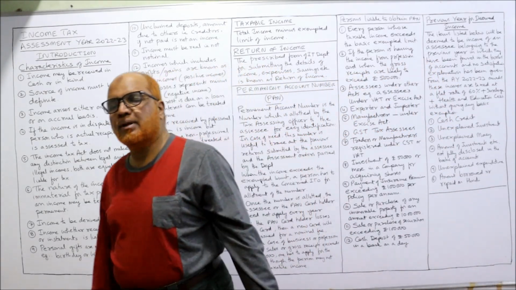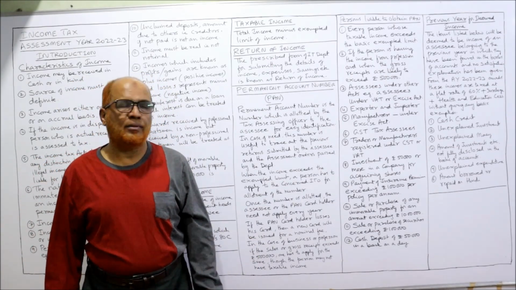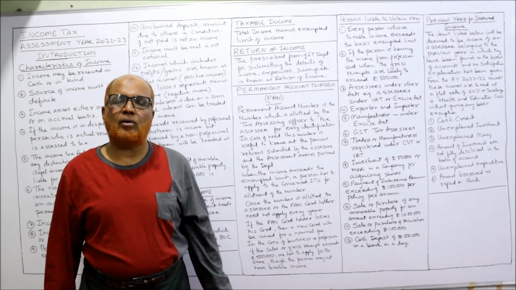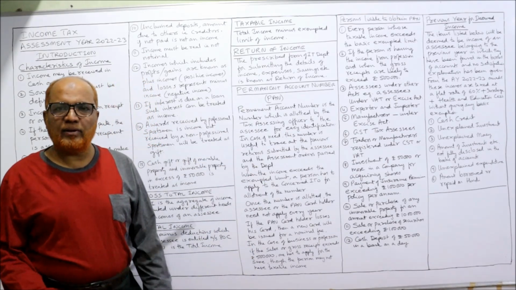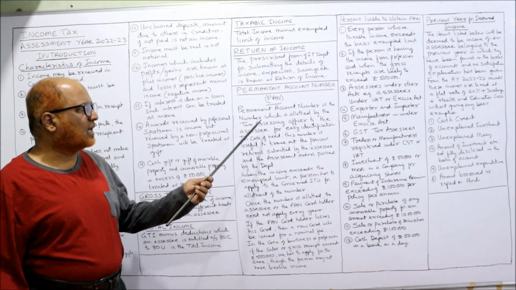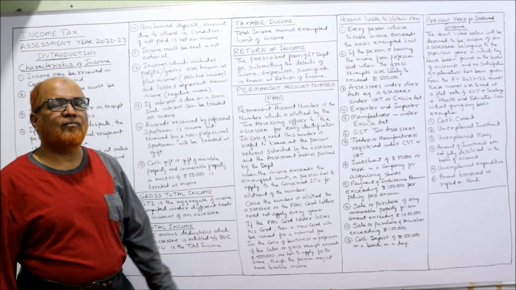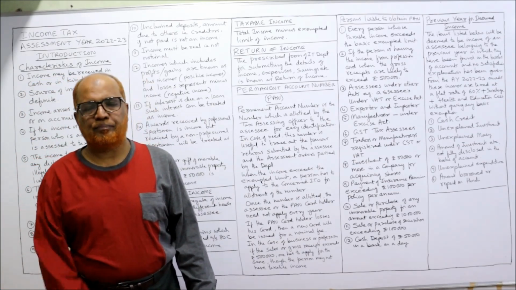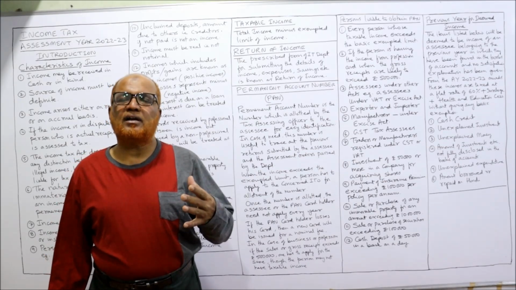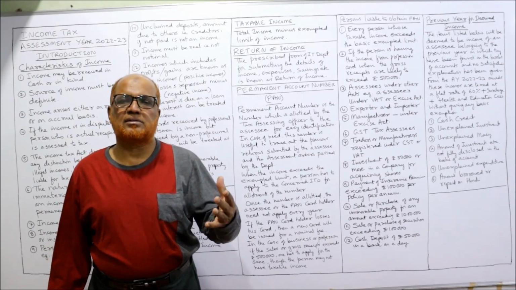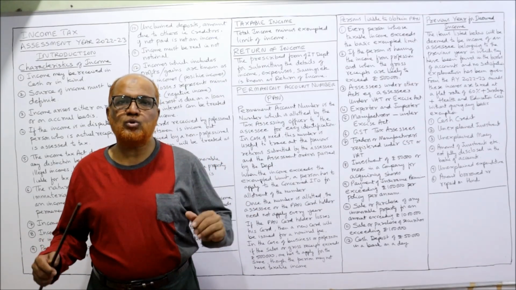Very frequently in examinations, they will ask the theory question: what is a permanent account number, PAN, and who has to apply for PAN? Now I am going to explain. Permanent account number is the number allotted by the tax assessing officer to the assessee for easy identification. It will be difficult for the Income Tax Department to remember names, because many people have the same name, which will cause confusion.